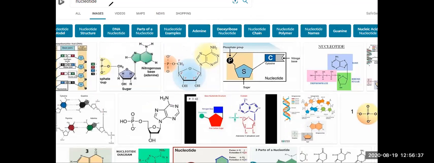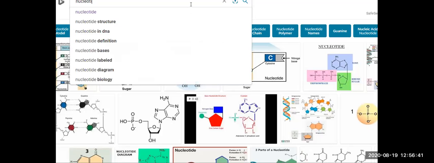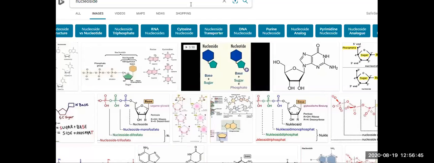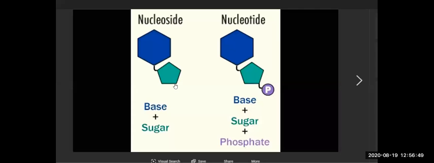And just to make your concept good, I will show you a nucleoside image. Now you see the difference. What is the difference between a nucleoside and a nucleotide?